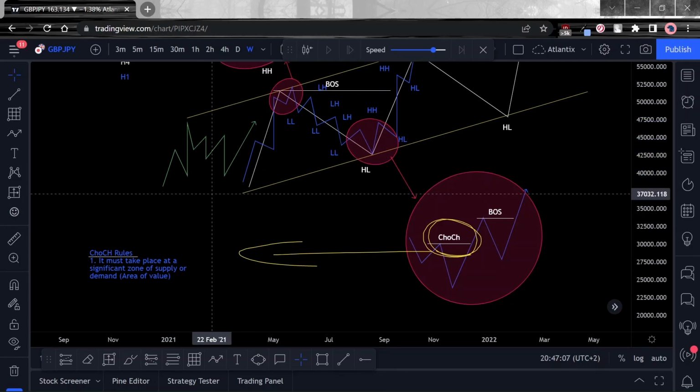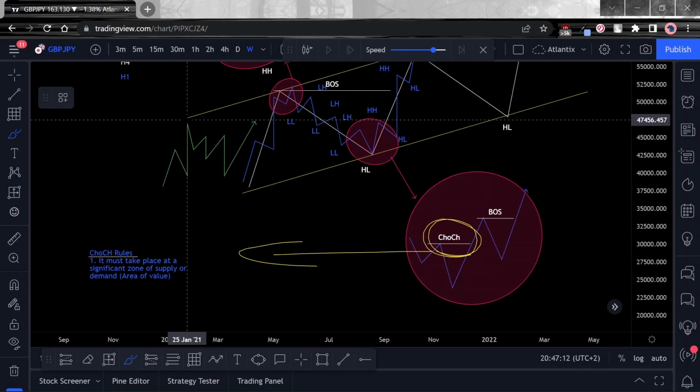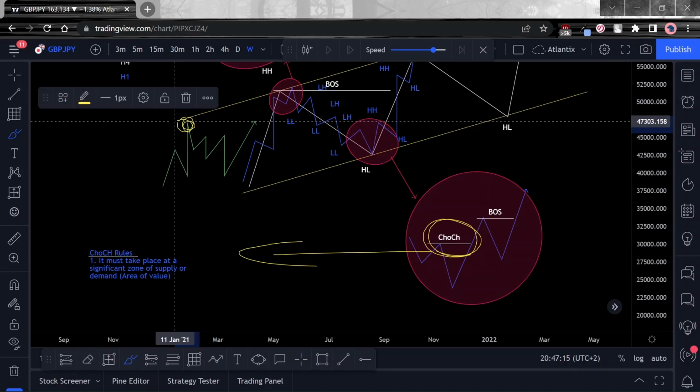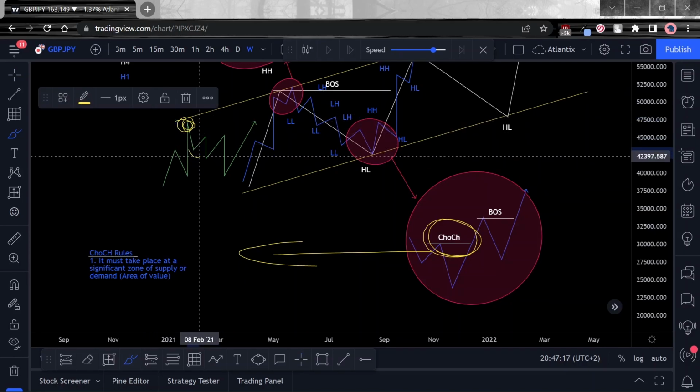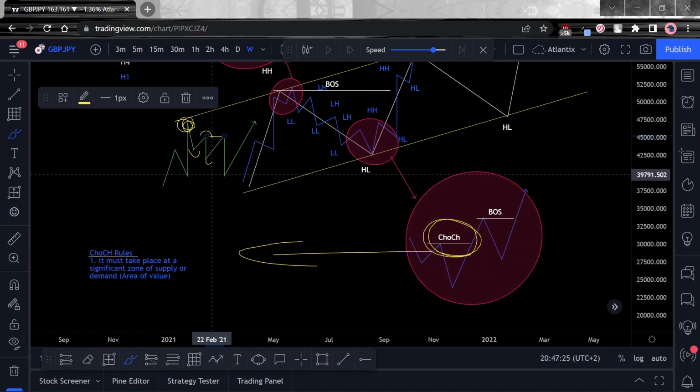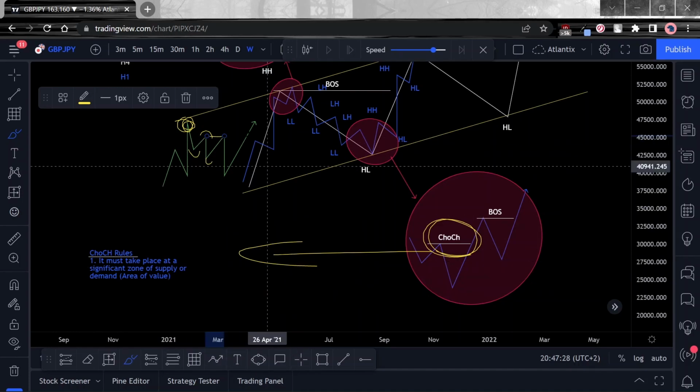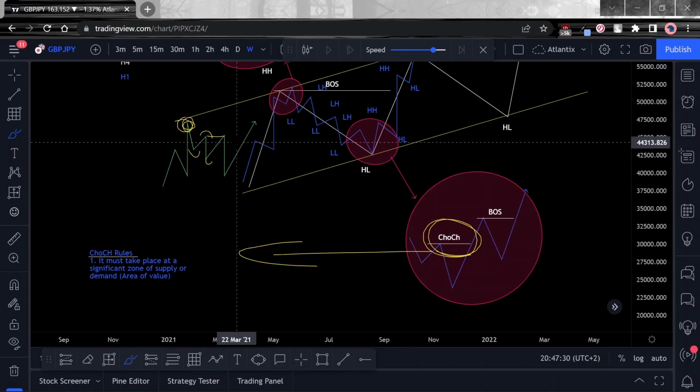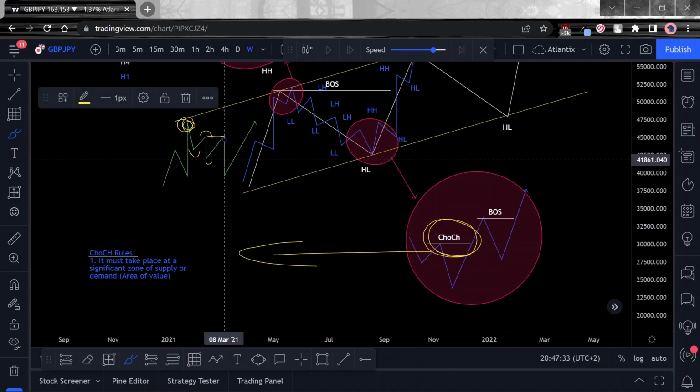So what you can see here is price comes up, creates a high, comes in, creates a low, creates a lower high, creates another low, violates this high. Let me make it clearer for the sake of this example, right?